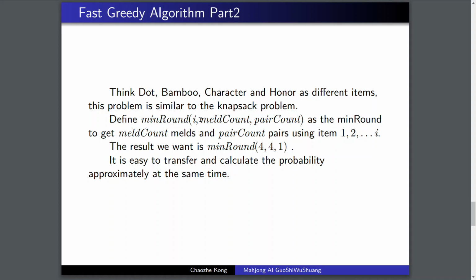Define minround(i, meld count, pair count) as the min round to get meld count melds and pair count pairs using items 1, 2 to i. The result we want is minround(4, 4, 1). This 4 means we have 4 items. It is easy to transfer and calculate the probability approximately at the same time.